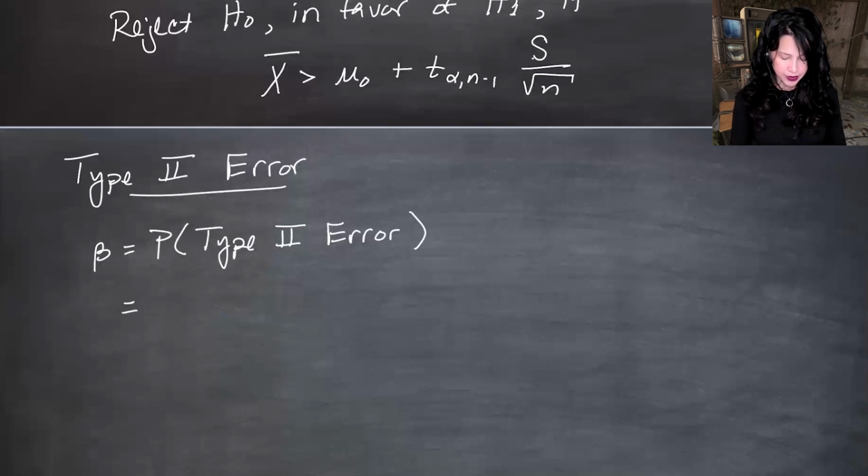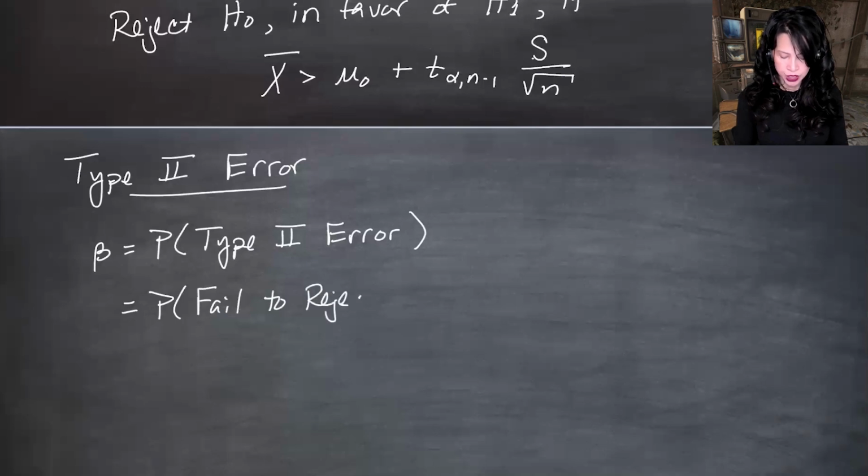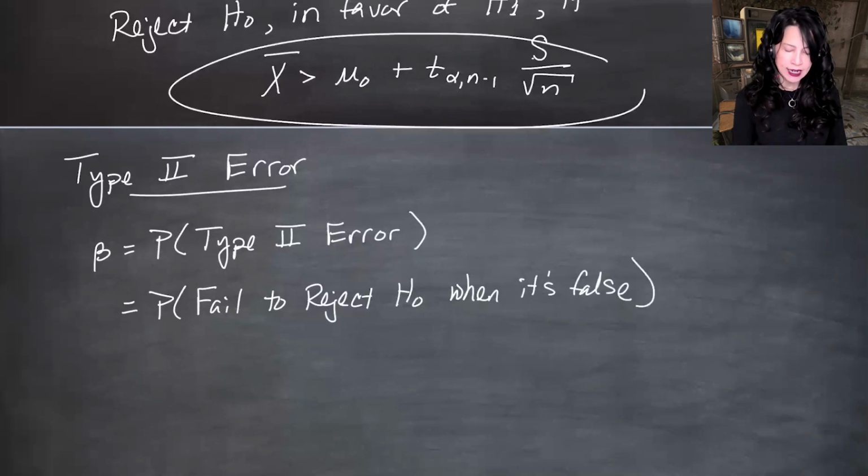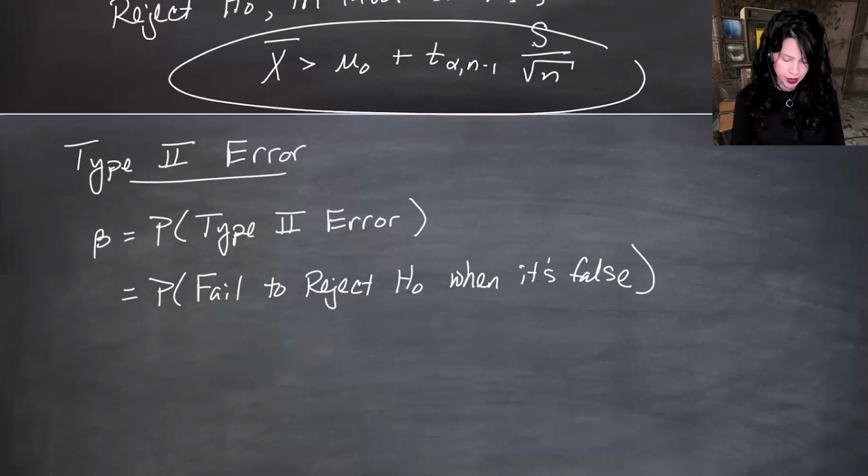So let me write that down. This is the probability you fail to reject the null hypothesis when you should because it's false. This is our rejection rule. So when are we going to fail to reject the null hypothesis?